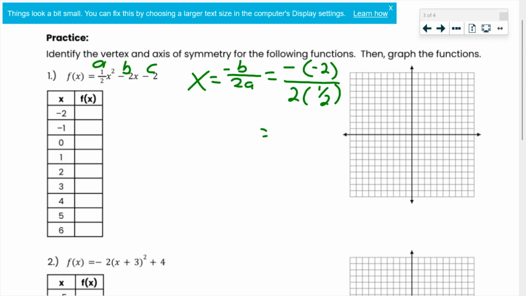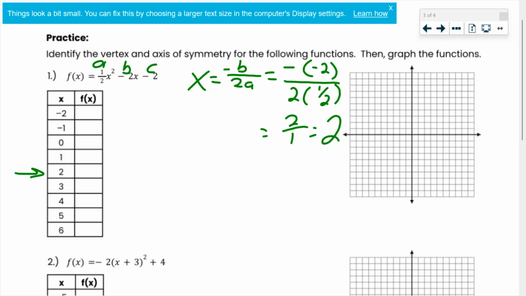Which was the opposite of -2, which is 2, over 2 times 1/2, which is 1. The x-coordinate for this vertex is 2. I'm not going to sub in all those points in that table. I'm going to start by subbing in 2.